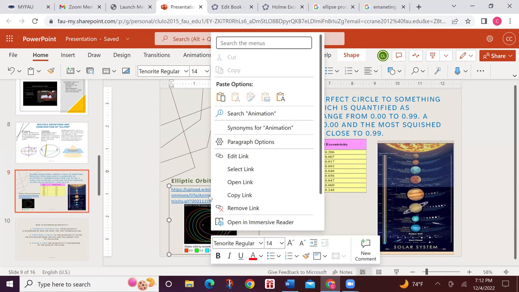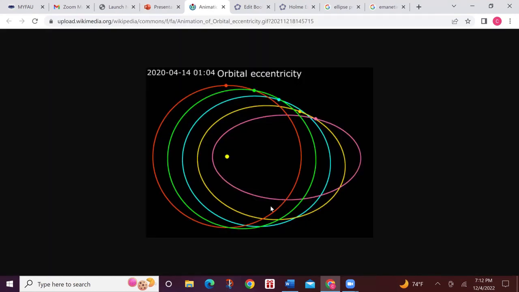Now let's see how that really works. We open this, you can see what we call orbital eccentricity. As you can see here, these are the points, orbits, orbital eccentricity.